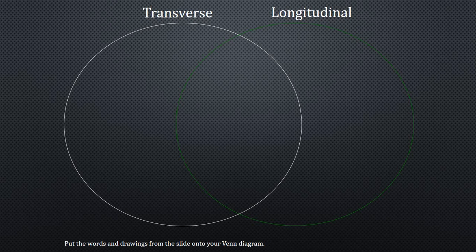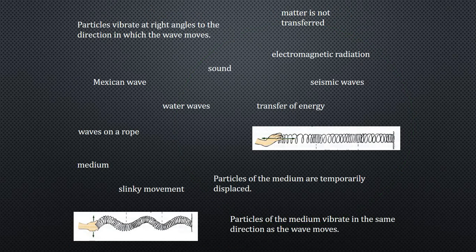But I want you to have a go, and I'd like you to send me a picture of your completed Venn diagram. So there are the words. Some of them you may not be sure about, some of them may not be clear, but hopefully you will have seen enough from what we've done so far to have a go at that. Again, you can pause here and use that slide, or you can come back and use the PowerPoint.